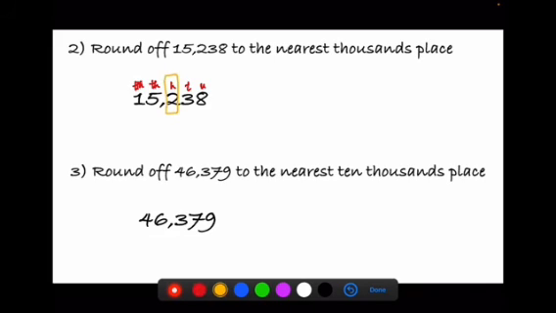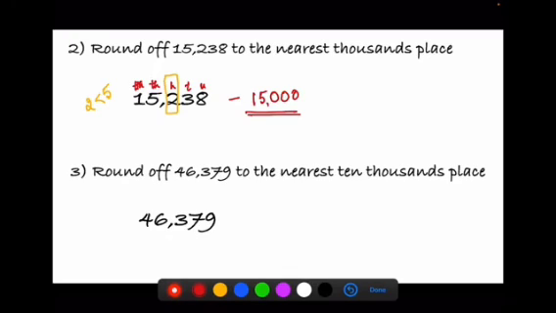What do we have at hundreds place? 2 is less than 5. So what is that we get? We replace units and tens place and even hundreds place with 0, but retain thousands and 10,000s place as it is and get 15,000. So when we round off to nearest thousands place, we get 15,000.